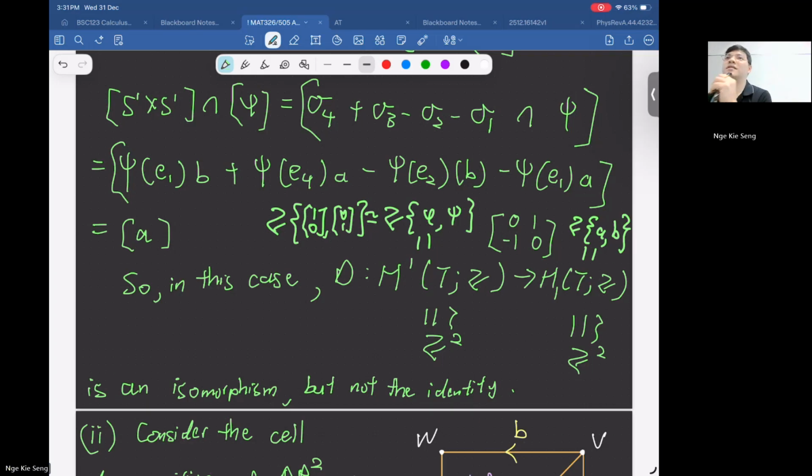Any question? So this is an isomorphism, but not an identity map. Even if you swap the order, you still have a minus sign.